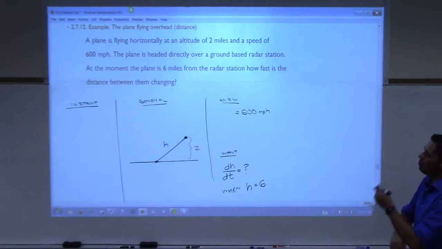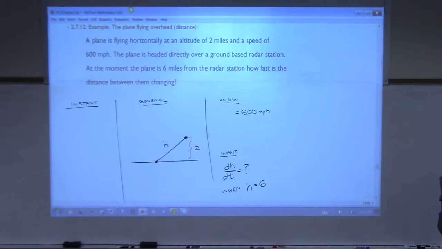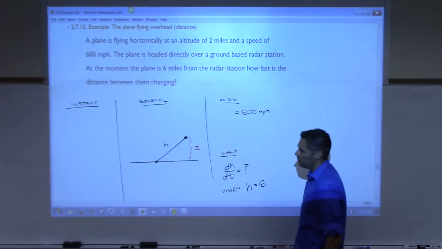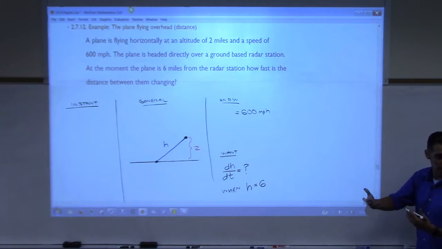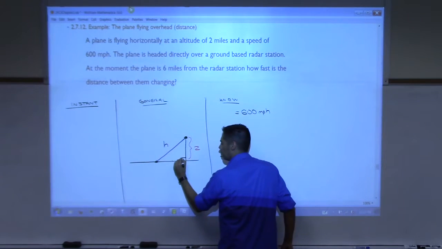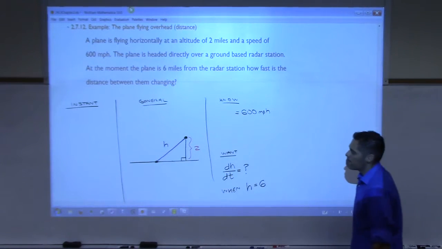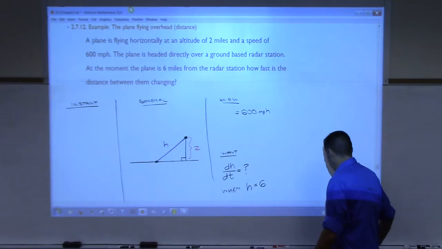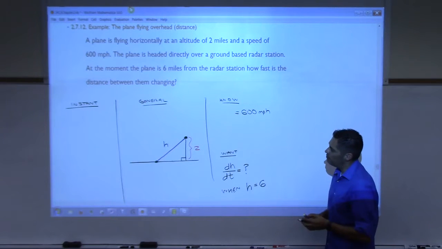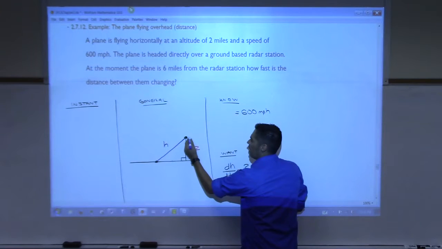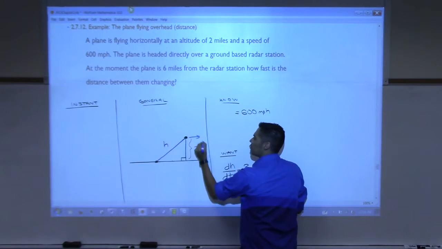I still need to work with that 600 though. Does anyone see what geometric shape I could use for this to try and come up with an equation? A triangle? Okay, let me try and draw a triangle real quick. A right triangle. The speed of the plane. That's the speed of the plane. Where is that on my picture? This dot is moving that direction, right?